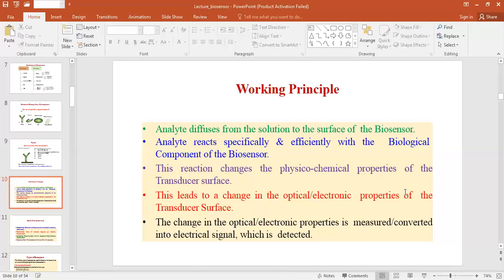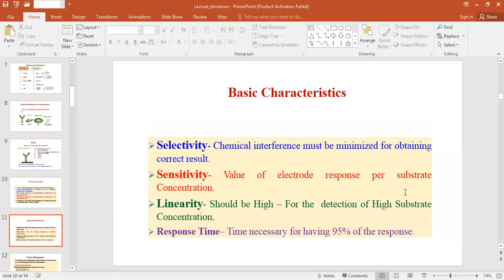This leads to a change in the optical or electrical properties of the transducer surface. And this change in the optical, electronic or optoelectronic properties is measured or else converted into an electrical signal which can be detected and displayed to the unit.